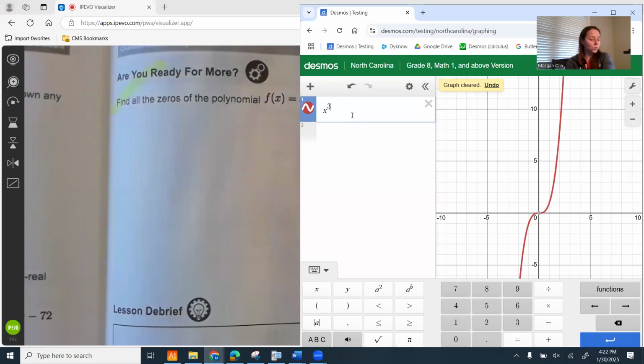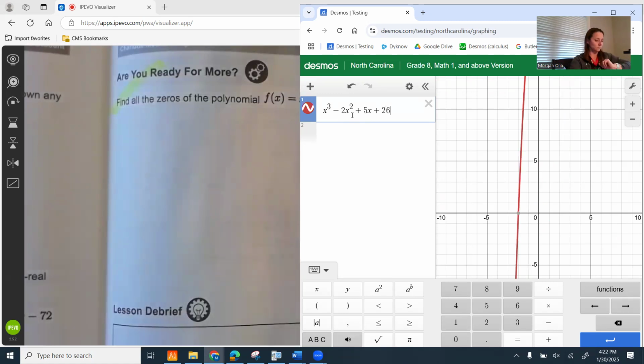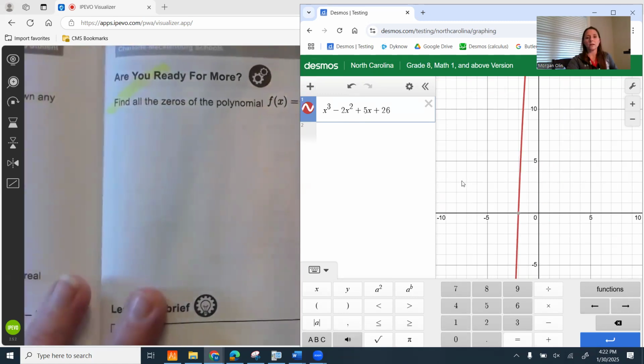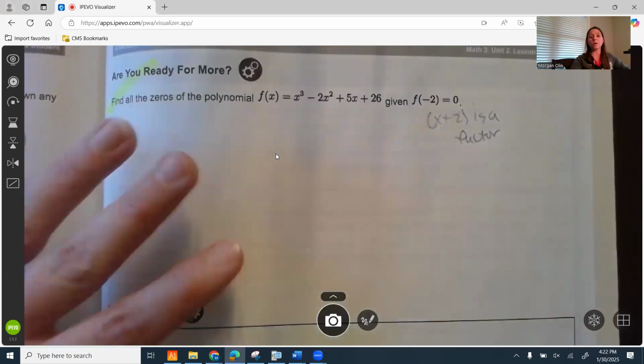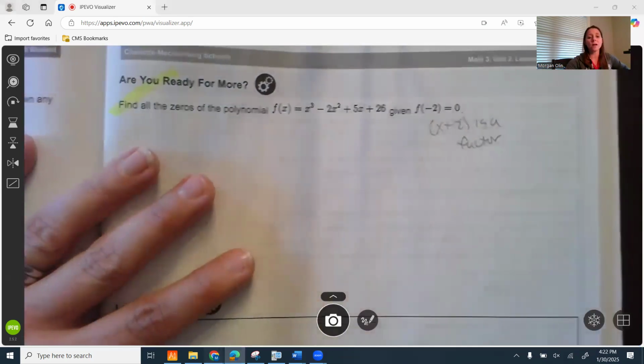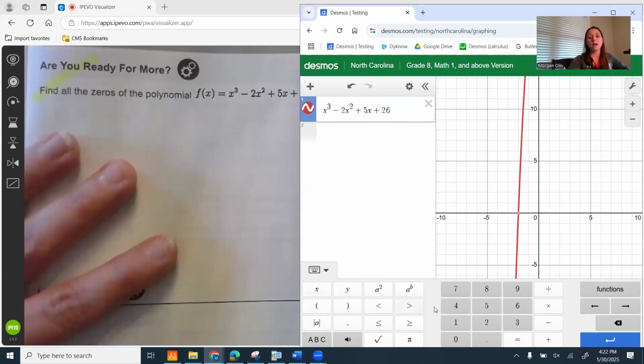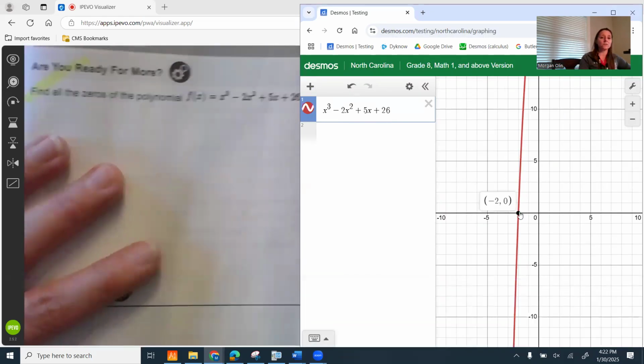All right, x cubed minus 2x squared, plus 5x plus 26. All right, right? Yep. Now, how many roots should I have? I should have 3. But going back to my graph, how many do I see? I only see 1 at -2.